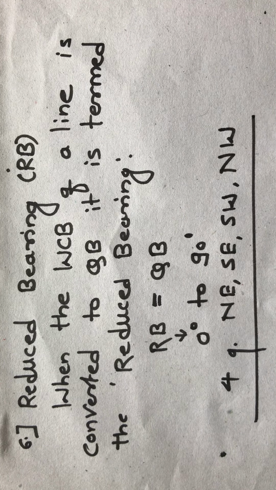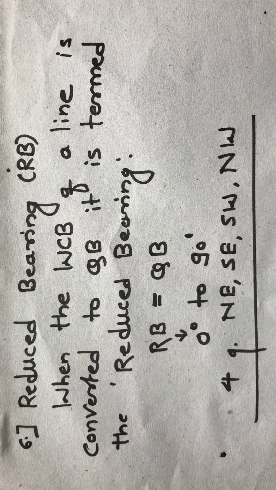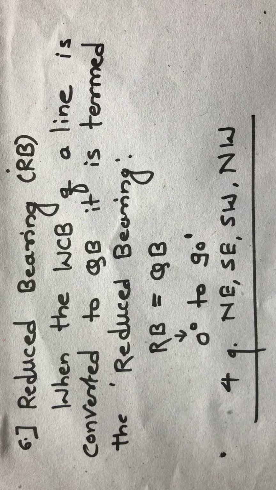So when you are converting whole circle bearing to the quadrantal bearing, it's called a reduced bearing. Simple. Okay, now we'll see how to convert.